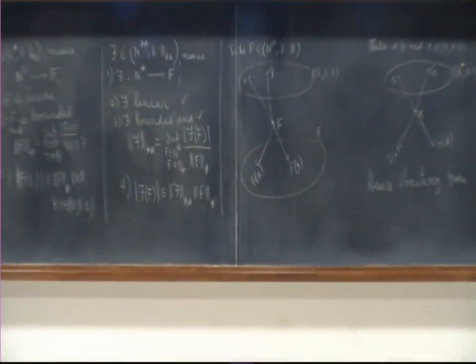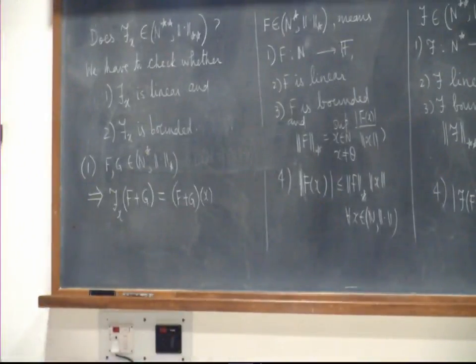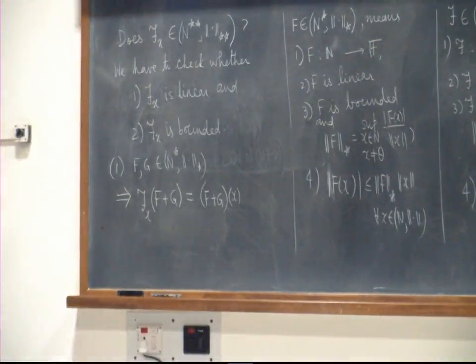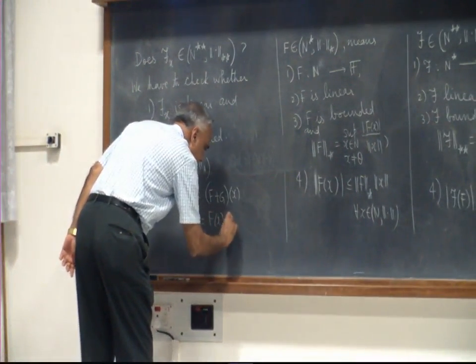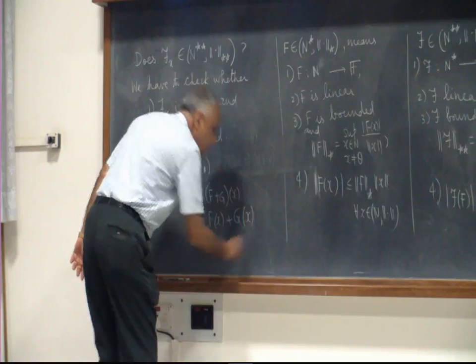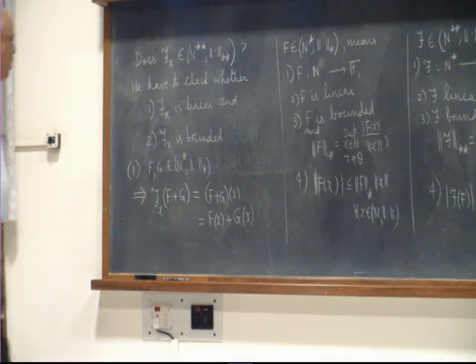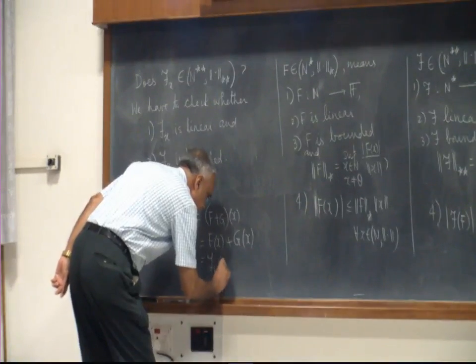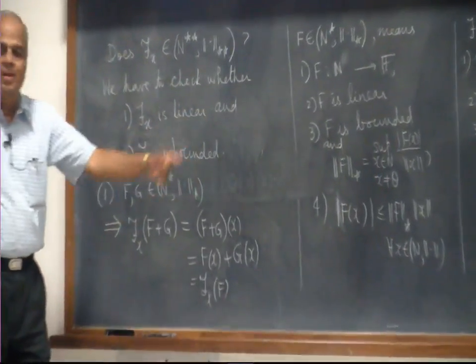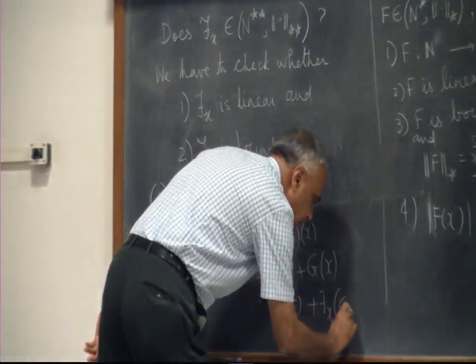Okay. But now f is a linear functional, g is a linear functional on N. How is the addition of linear functionals defined? Normal function addition, it is f(x) plus g(x), because f is a linear function on N. But now f(x) by definition is F_x of f, and g(x) is F_x of g.